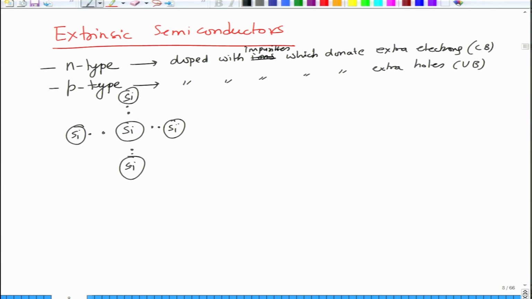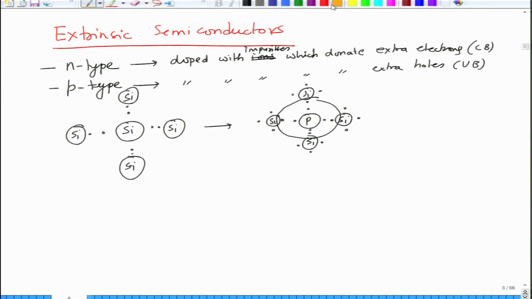Now when you replace this silicon with phosphorus, let us say, the four neighboring silicon atoms have 4 electrons, and this electron, this electron, this electron, this electron, they are all shared.